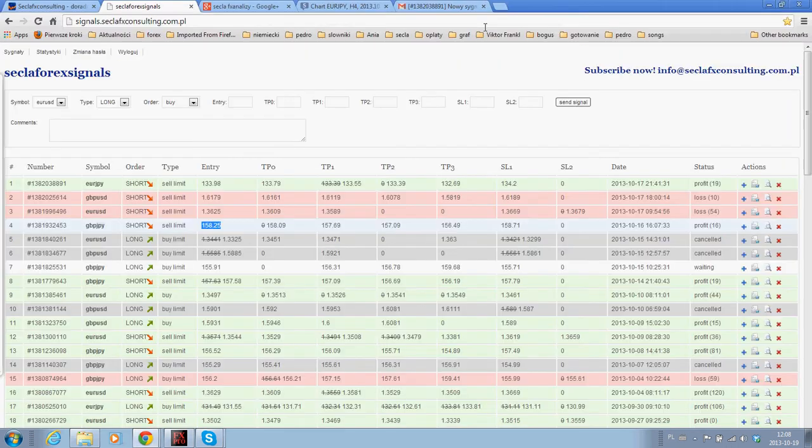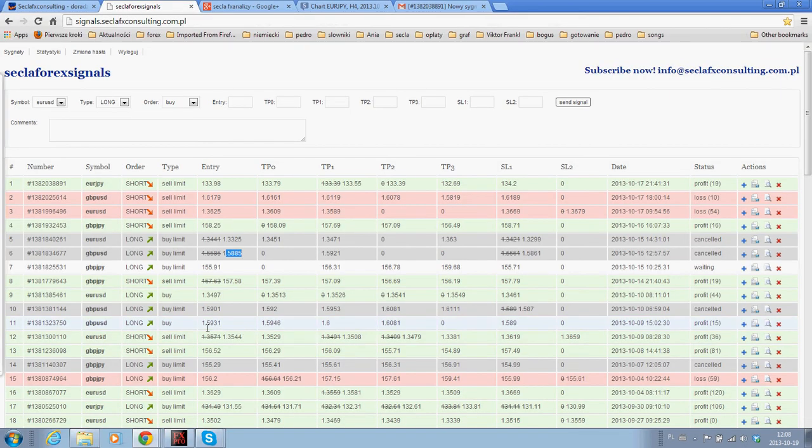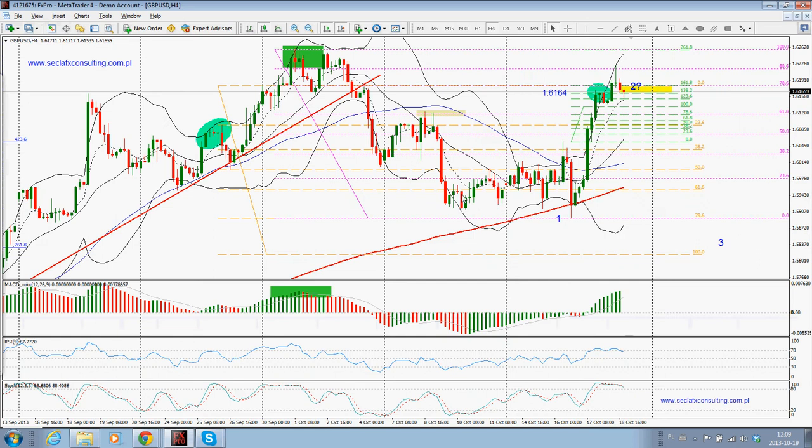That's why I was having that entry as a possible entry. But there was also another long, that one. Unfortunately, that was a really very nice one, because keeping that position you could have had this nice movement as well.